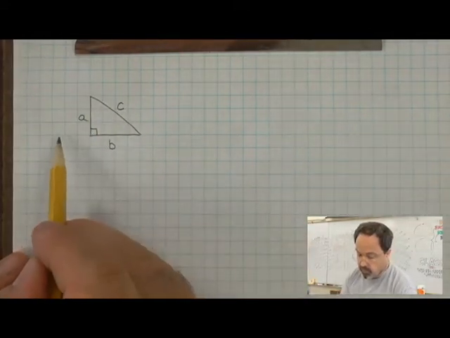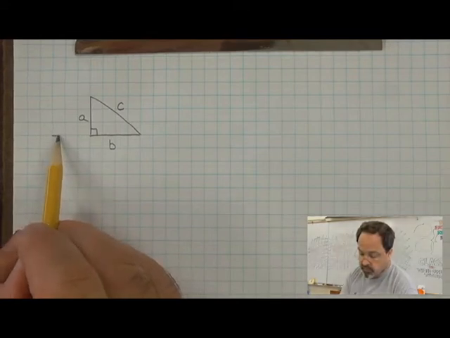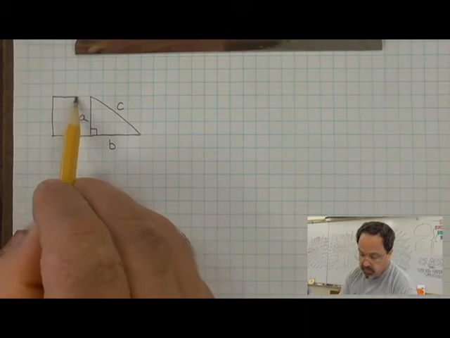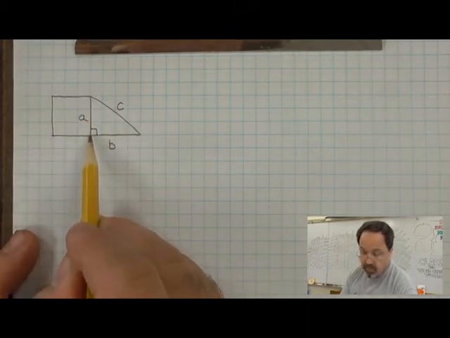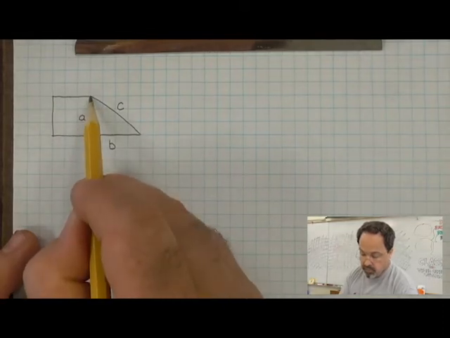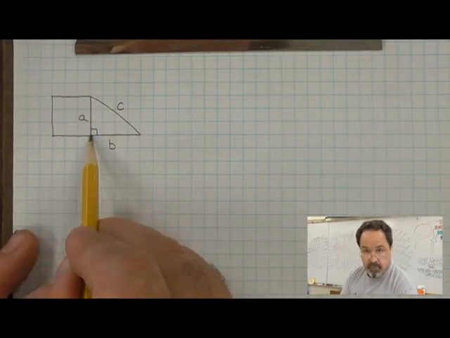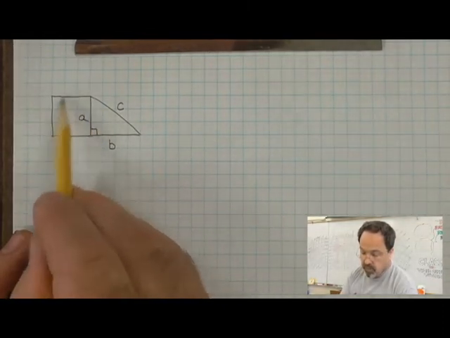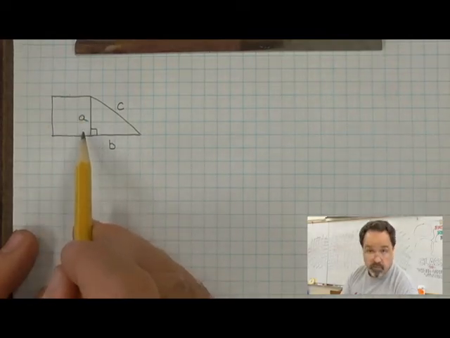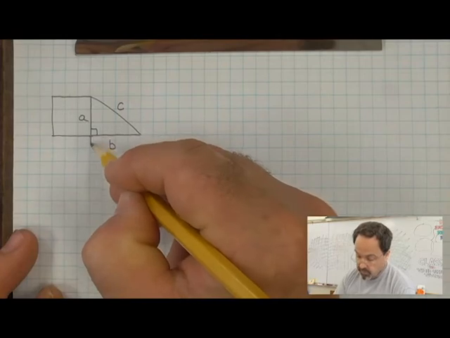I'm going to do a little bit more with these sides. I'm going to form squares based on each side length. In this case, I made a square based on the side length A. So all sides of this square have length A, and the area of this square is A squared. I'm going to do that with B as well.